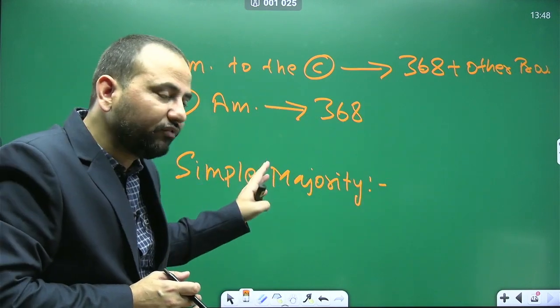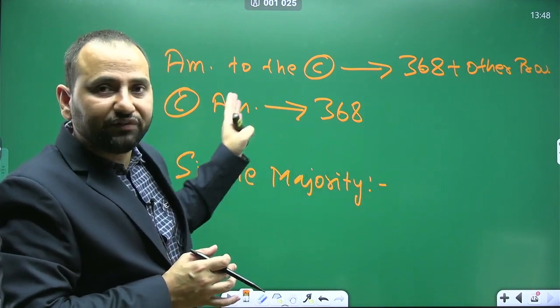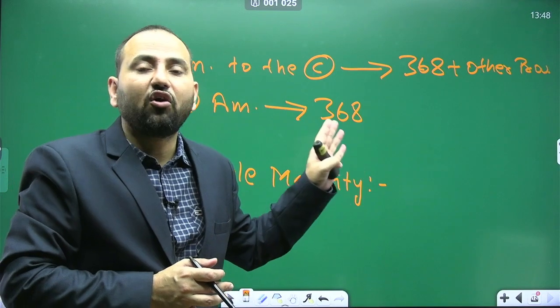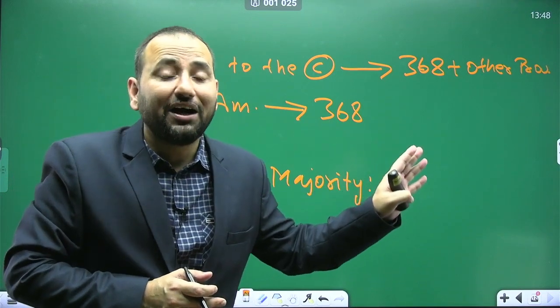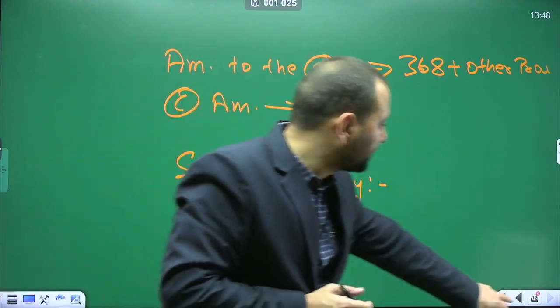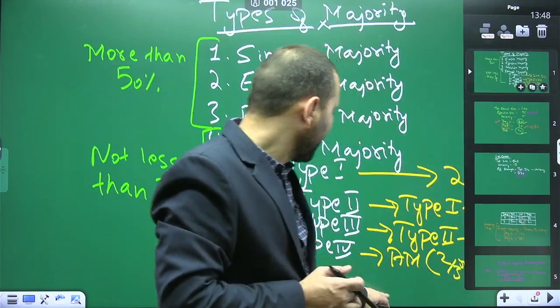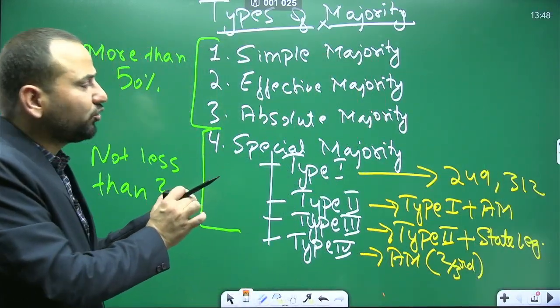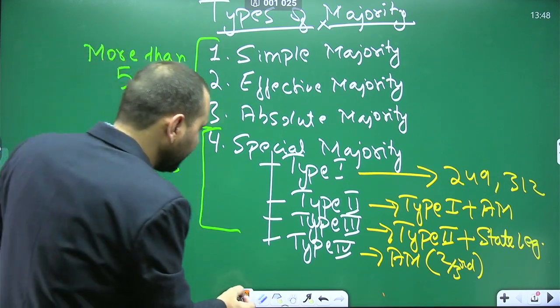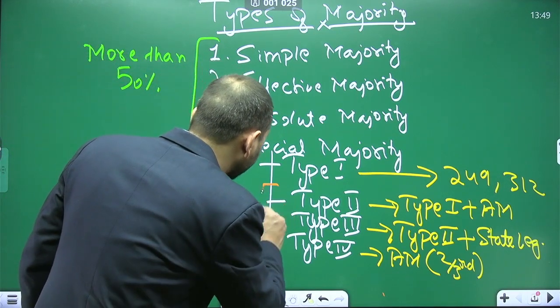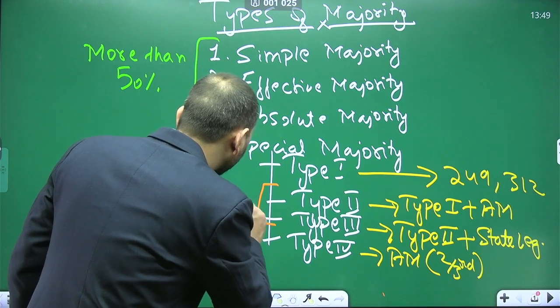This is the concept of types of majority, and on the basis of this we can also understand the concept of amendments. When we talk about this whole structure, let's come back to the first slide again. If you see this dimension, we have to understand that these two provide for constitutional amendment.